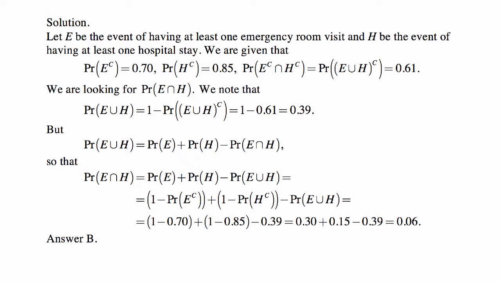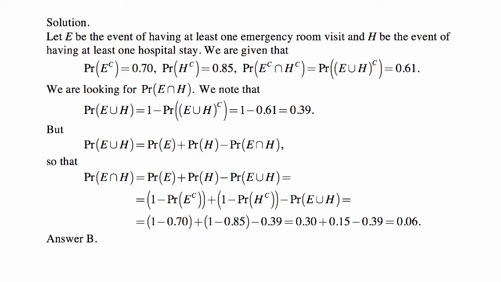So let me remind you of this general rule that I think is very important to organize your work. You should label the events, then write down what you know, and write down what you're looking for. So we say that E is the event of having at least one emergency room visit. H is the event of having at least one hospital stay. And we are given that probability of E complement, so no emergency room visits, is 0.70.